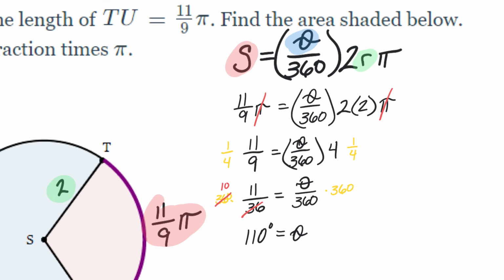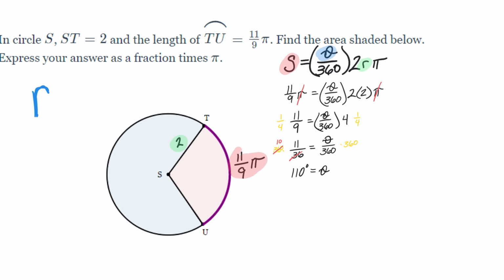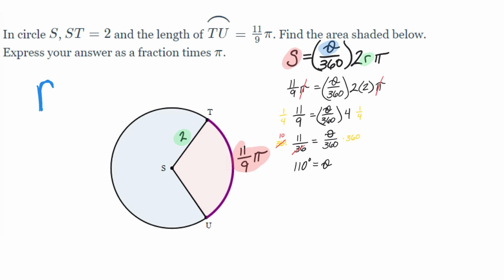All right, so we've done all that to figure out our angle is 110 degrees. Now we actually could have kept our proportion and solved this equation with the proportion, this section here. May do that on the next example and leave it as a proportion. It might be a little easier for us. But now we have all the information we need in order to find the area of this same shaded region.